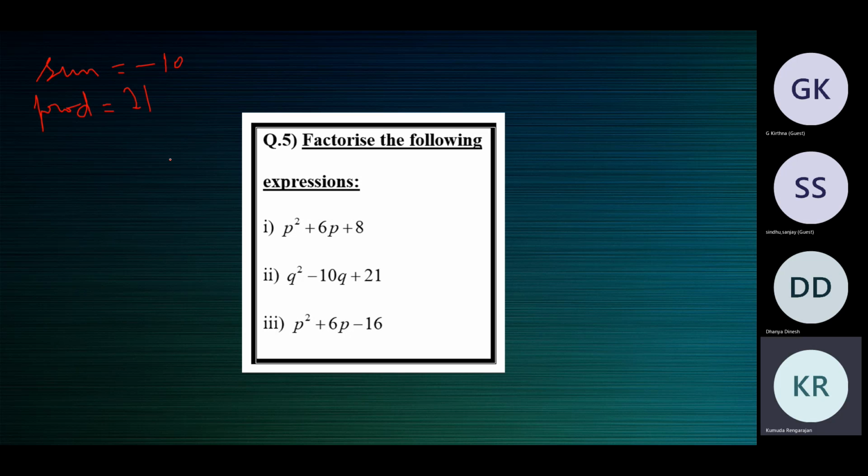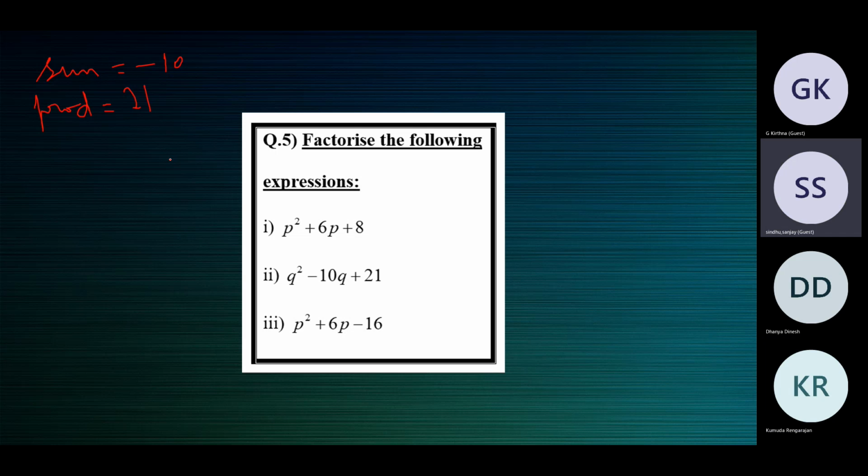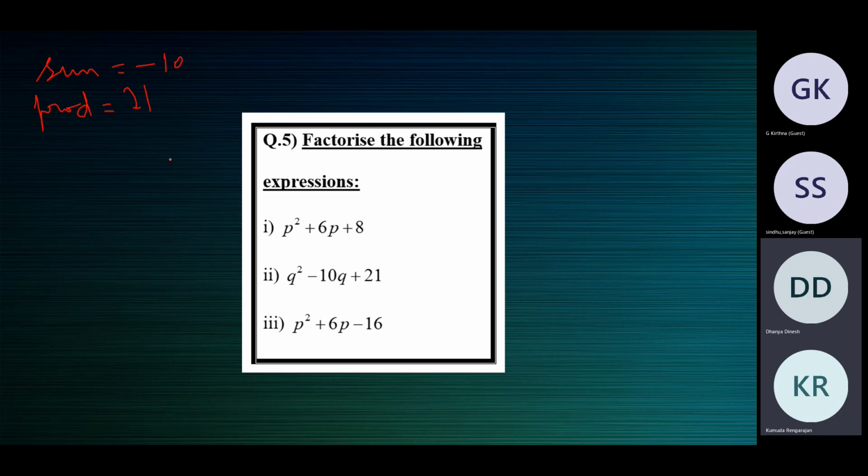Two numbers that will give us the sum and the product. Minus 7 and minus 3, ma'am. Very good, minus 7 and minus 3, because 7 3s are 21. See, how do we get the pairs of numbers?